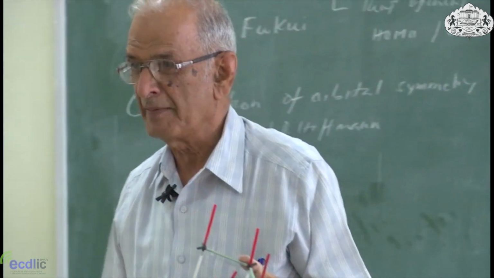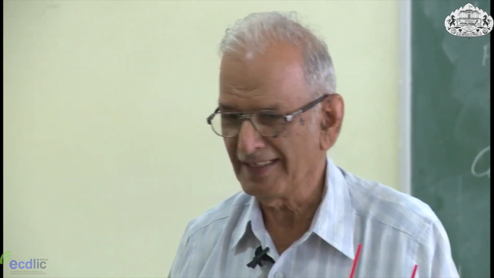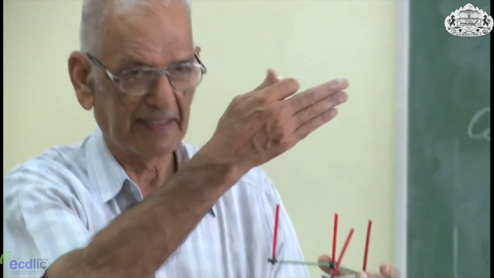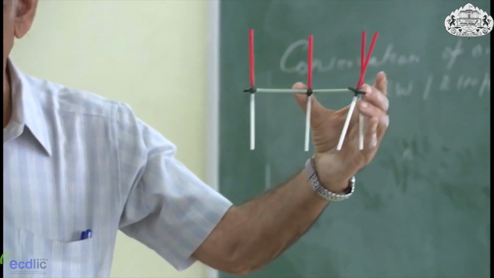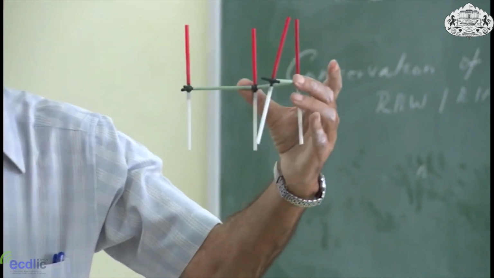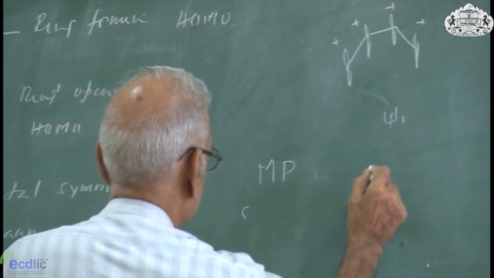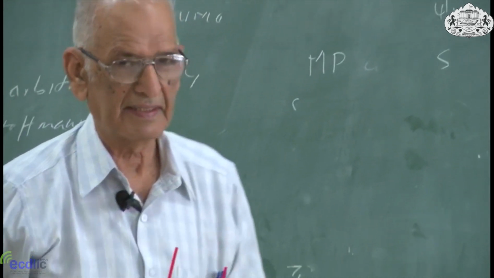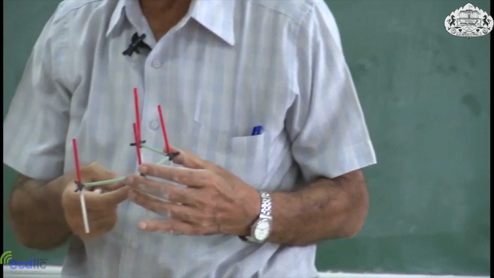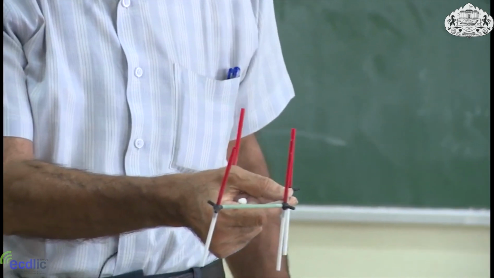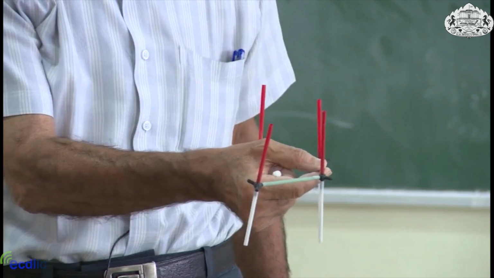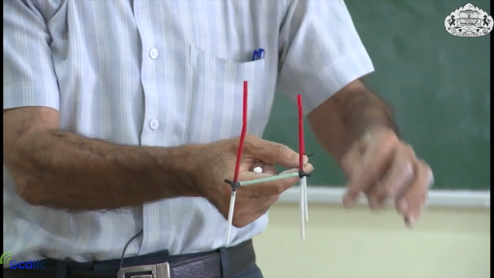Normally, when we write MP, it usually means melting point. Here, we are talking of mirror plane symmetry. What is this? Is it symmetric or is it anti-symmetric? It's going to be symmetric. So, this is one symmetry element, and this is the other, what is called the C2 axis of symmetry. We are going to rotate around this point.